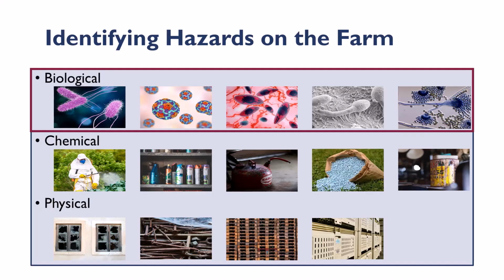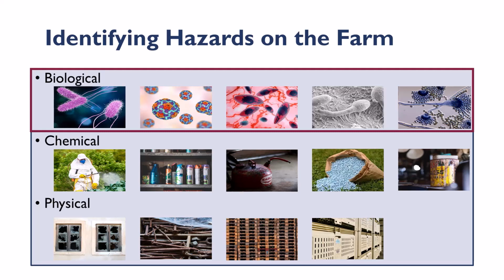The first step in developing any food safety program is to perform what is called a hazard analysis. Hazards usually fall within one of 3 categories: biological, physical, and chemical. Biological hazards include bacteria, viruses, parasites, yeasts, and molds that may cause foodborne illness.